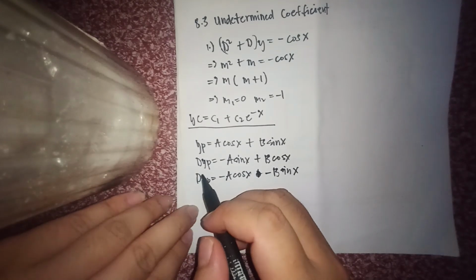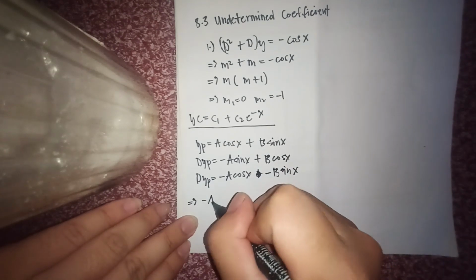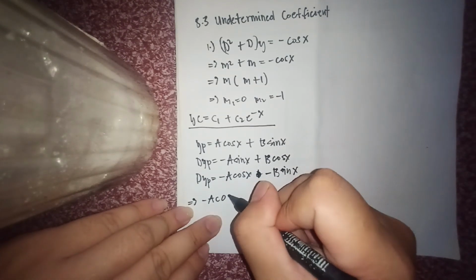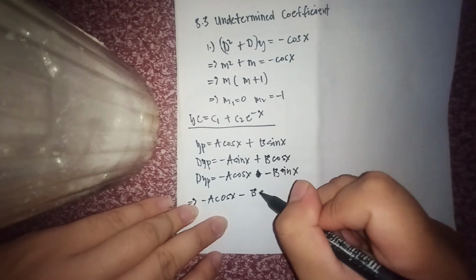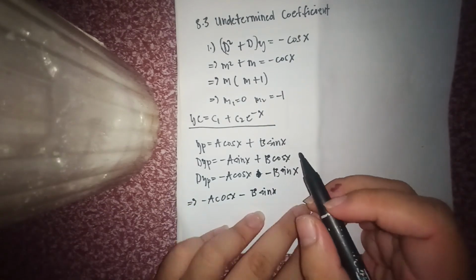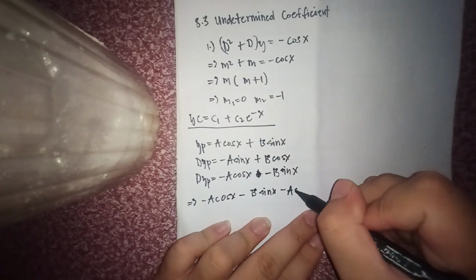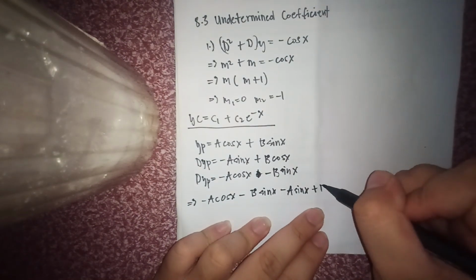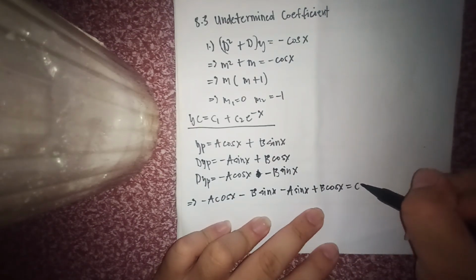So we have the value of D squared, which is negative a cosine x minus b sine x, and for D we have negative a sine x plus b cosine x, which is equal to negative cosine x.